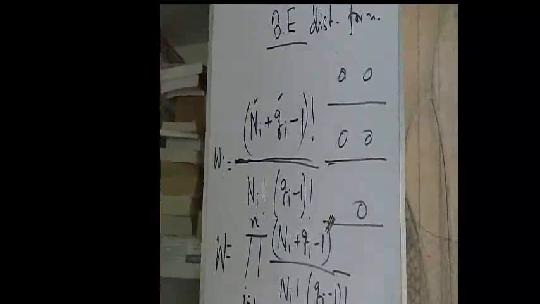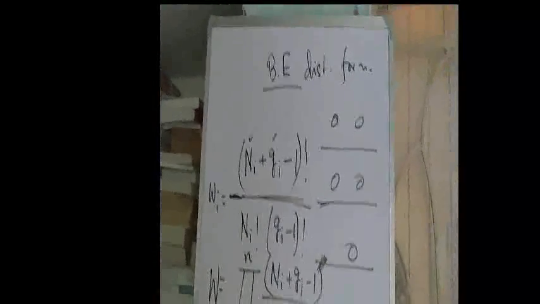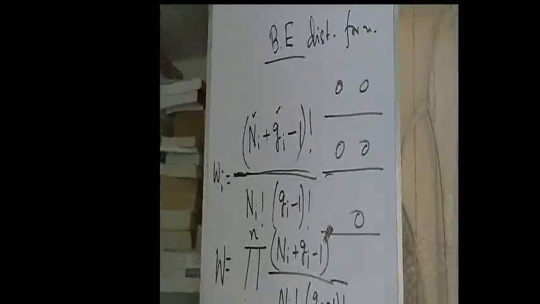But when the number of particles and the number of states are large, ni plus gi is large compared to 1, and gi is also large compared to 1.